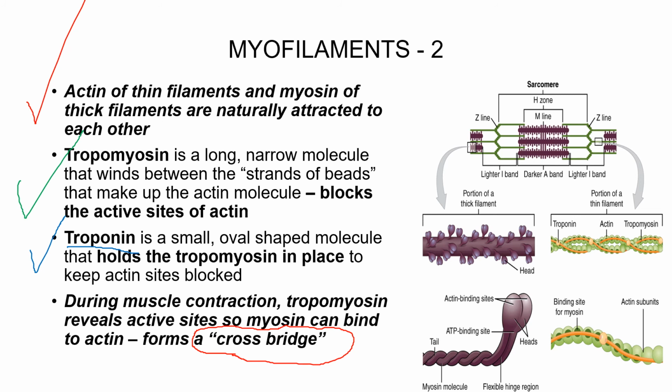So these two, tropomyosin and troponin, the two ones that start with T, these are once again called regulatory proteins. They help regulate how much we contract. And then myosin actin, myosin being the thicker one, actin being the thinner one, these are the contractile proteins.